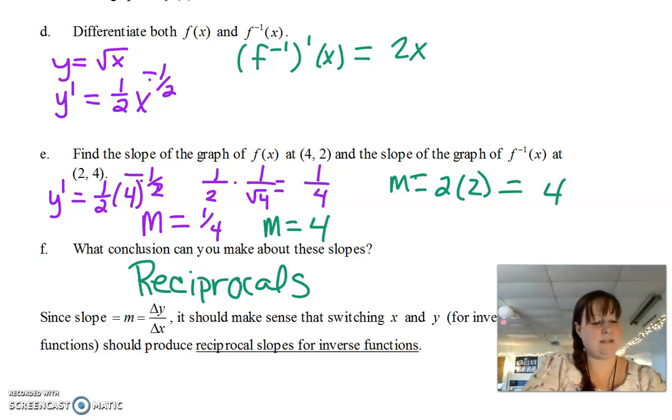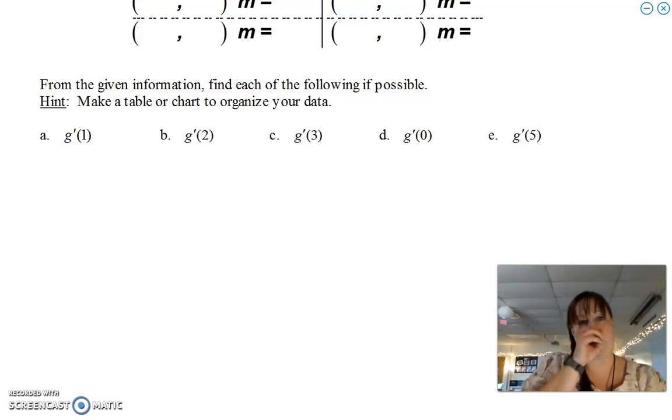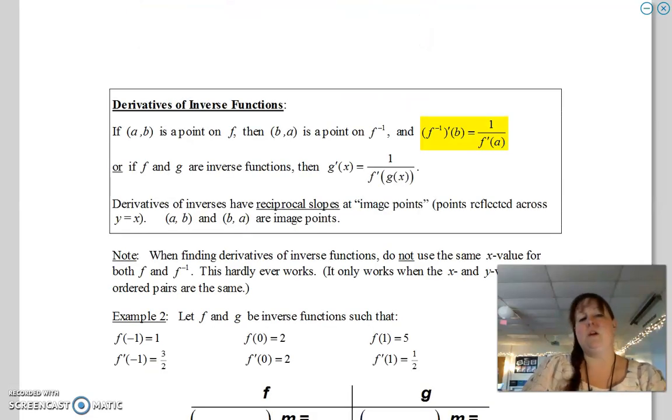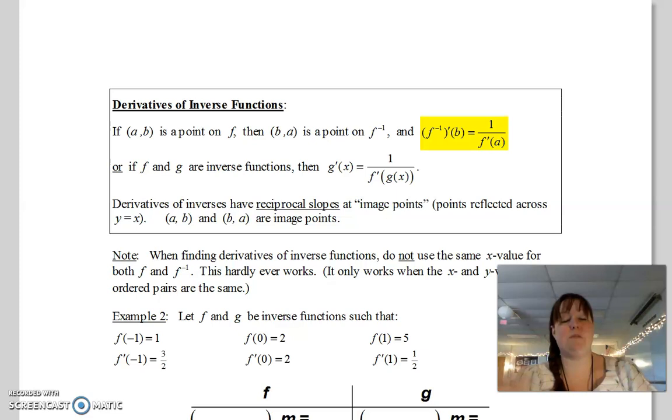So let's practice this and see if we can find the reciprocals. This is kind of the actual definition stuff with inverses. If you have some point a, b on a function, then on the inverse function you have a point b, a, and the derivative at that new point is the reciprocal of the derivative at the old point.